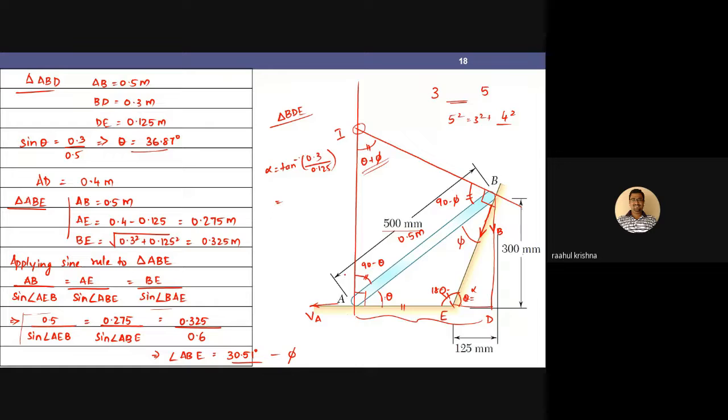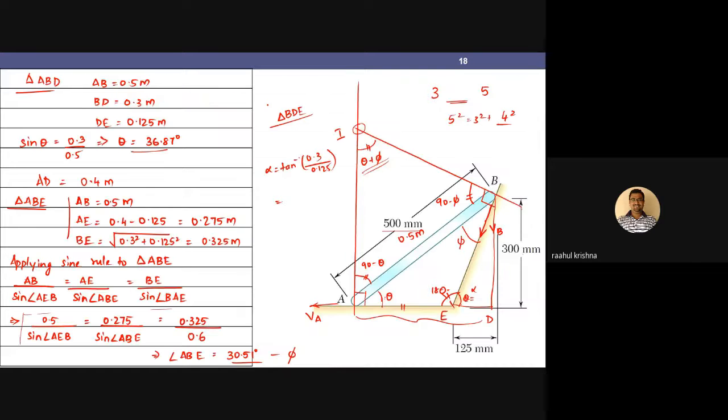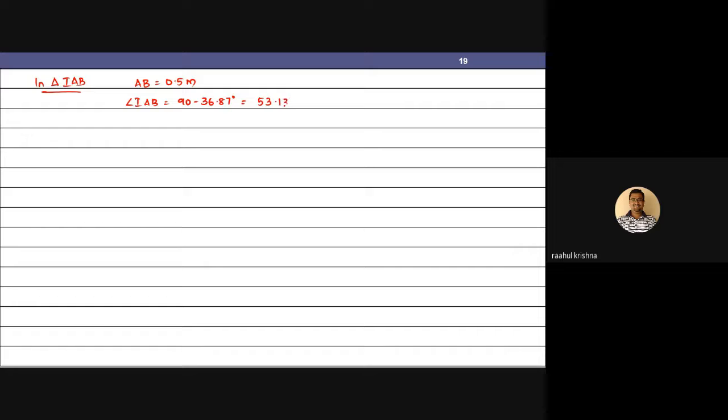Angle IAB equals 90 minus 36.87. So how much is 90 minus 36.87? 53.13 degrees.